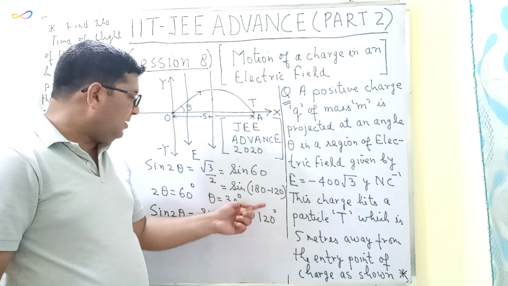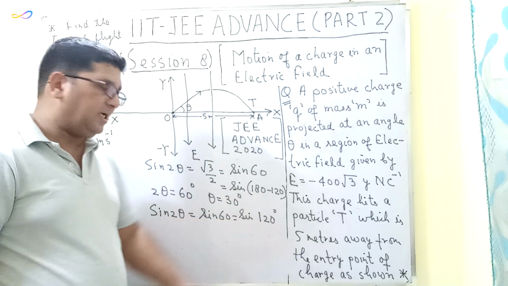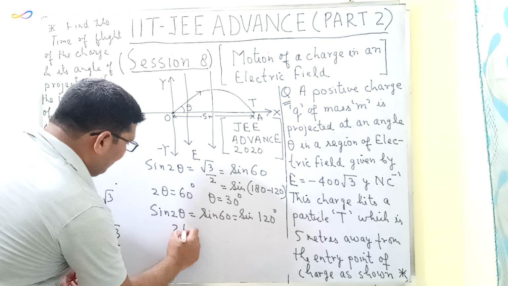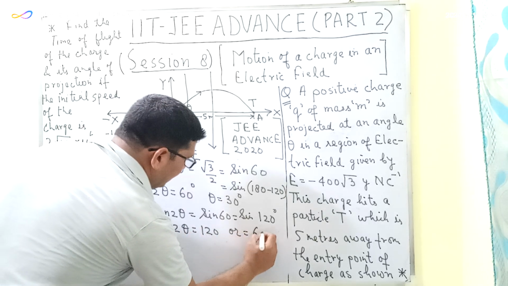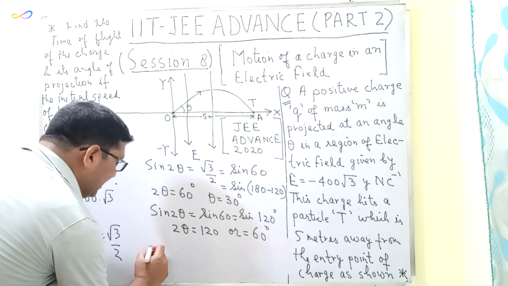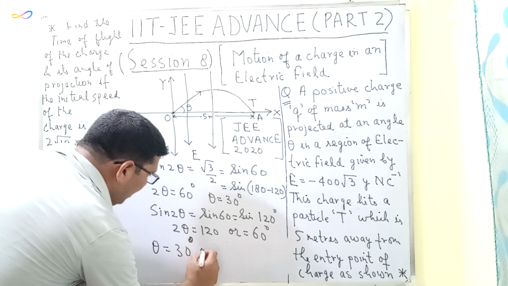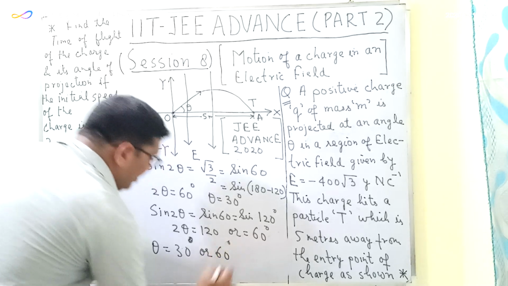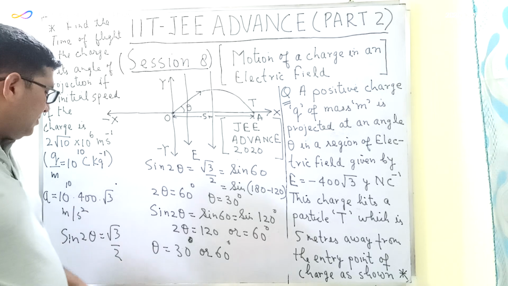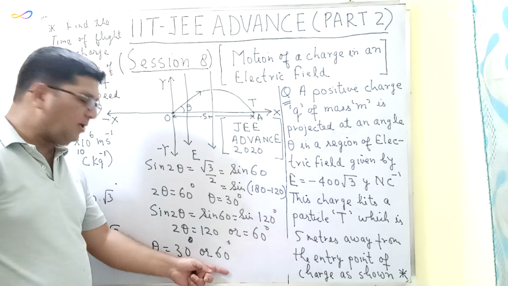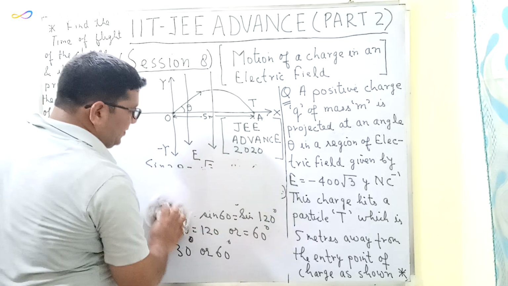Using that formula, we can write sine of 180 minus 120 as sine 120. So from here, 2 theta will be equal to 120, or theta is equal to 60 degrees. So what I am getting here is that theta is equal to 30 degrees or 60 degrees. So the angle of projection of this positive charge is either 30 degrees or 60 degrees. So we have been able to solve the first part of this question.